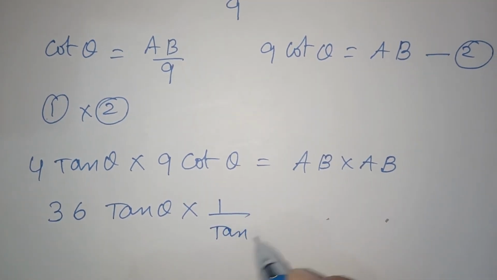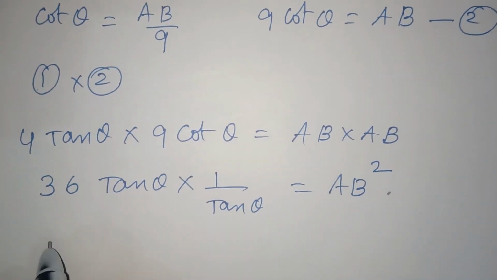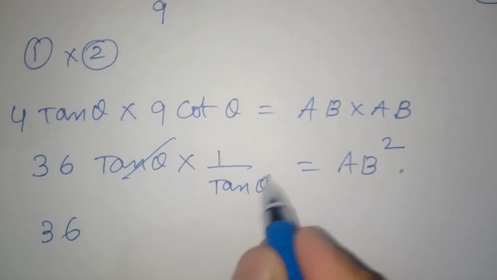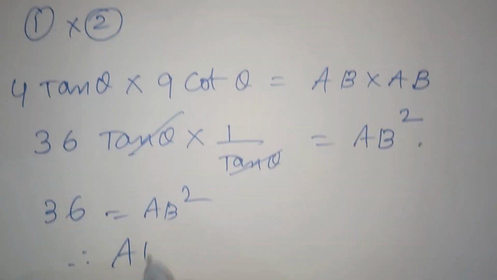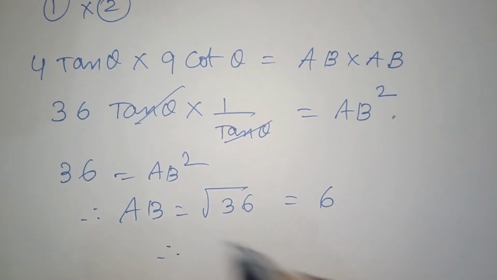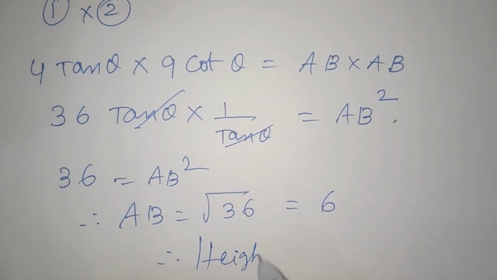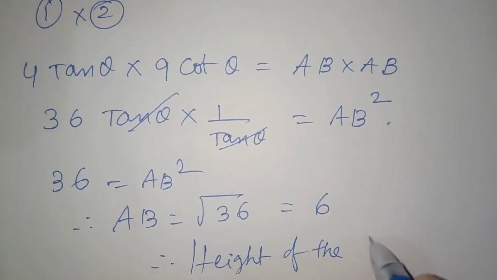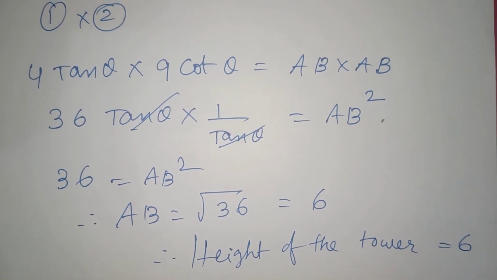AB into AB is AB square. Tan gets cancelled. Therefore, AB equals root of 36, which is 6. Therefore, the height of the tower is 6 meters.